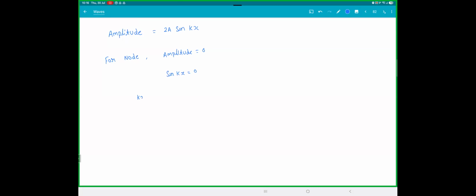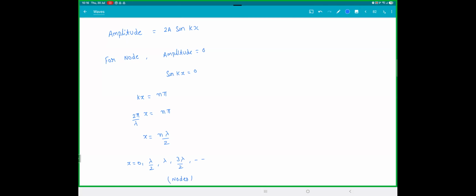That means kx must be equal to nπ. And k is nothing but 2π by λ. π will cancel, we get x is equal to nλ/2. Means if I put n equal to 0, 1, 2, I'll get x equal to 0, λ/2, λ, 3λ/2, and so on. These are all the positions of the nodes.